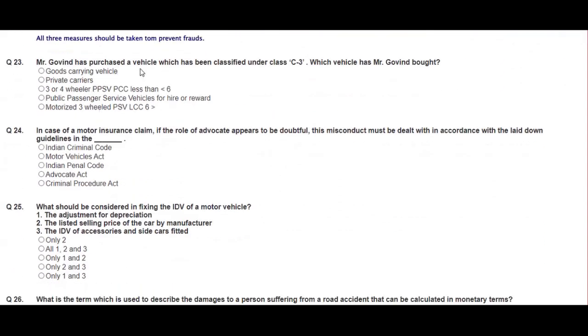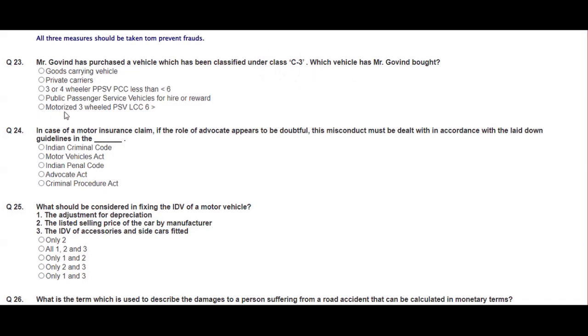Mr. Govind has purchased a vehicle which has been classified under class C3. Which vehicle did Mr. Govind buy? Actually, you know what C3 means.